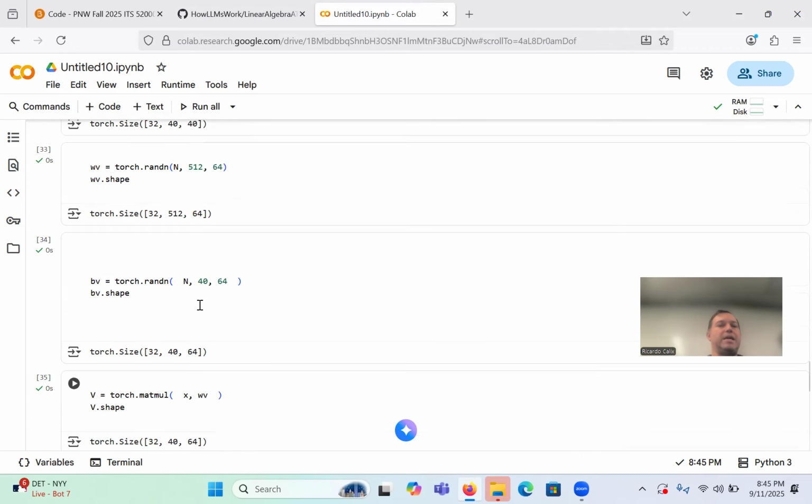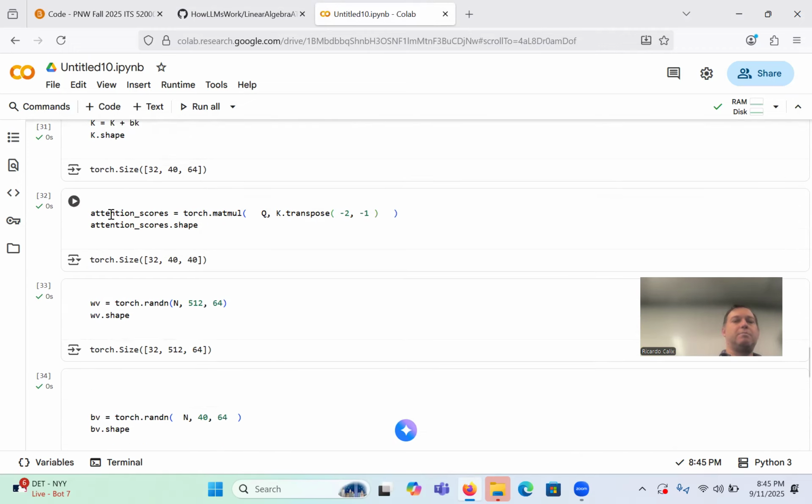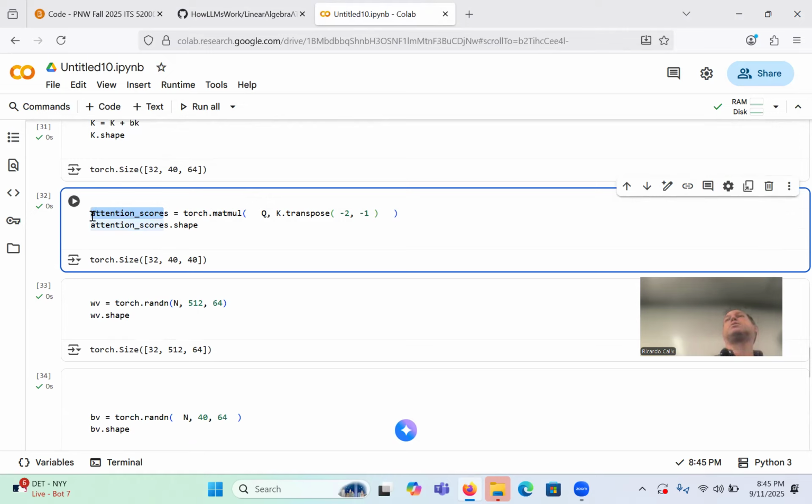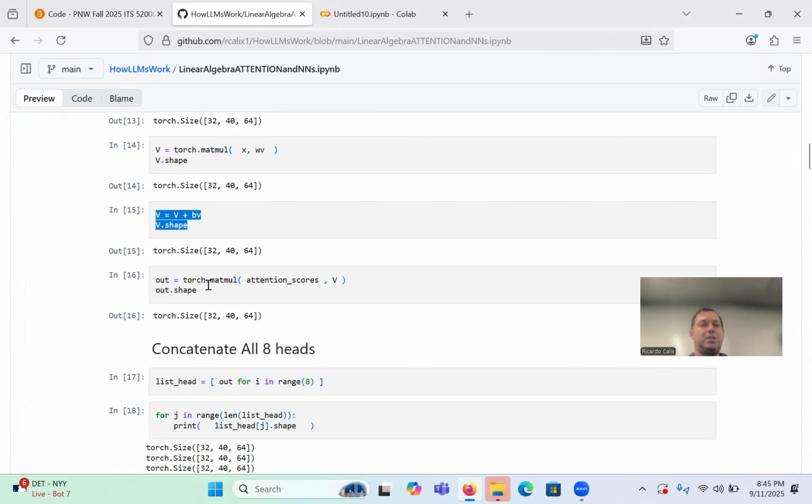And remember, my attention was here, right? In attention scores, but it is a 32 by 40 by 40. I'm going to multiply this attention scores, matrix multiplied with V, to produce my original tensor 32, 40, 64. So that should be this one.